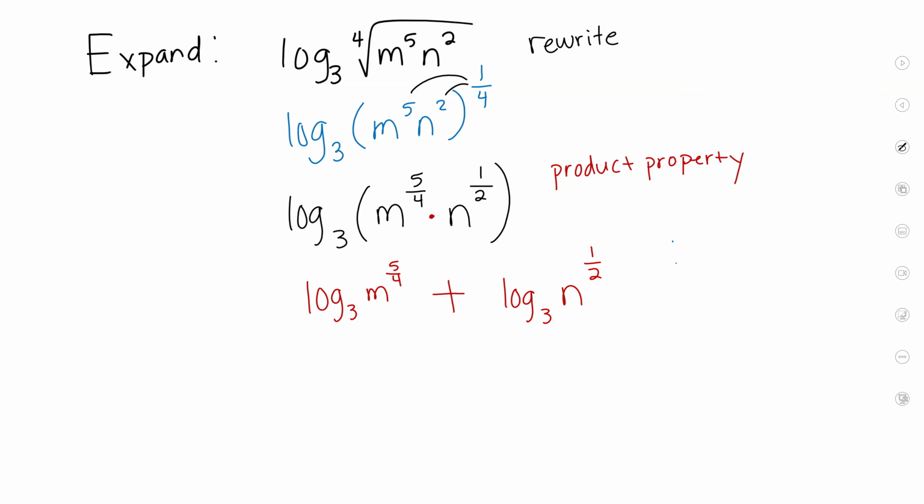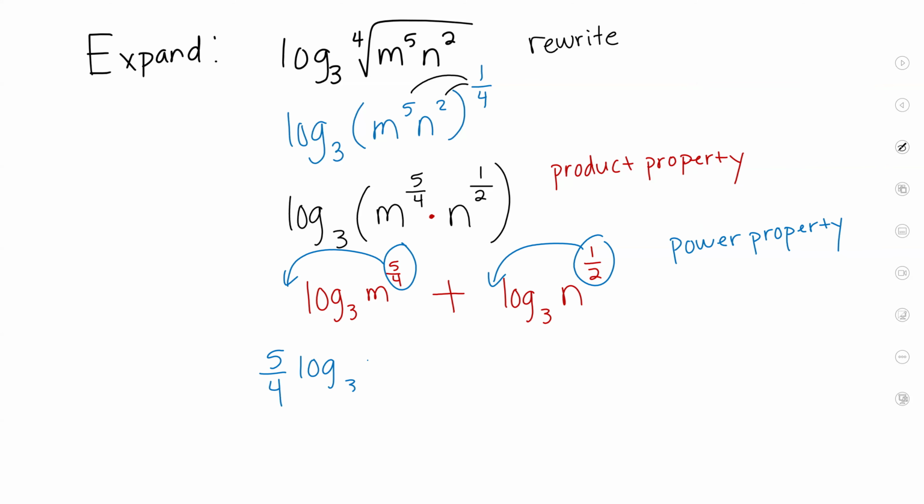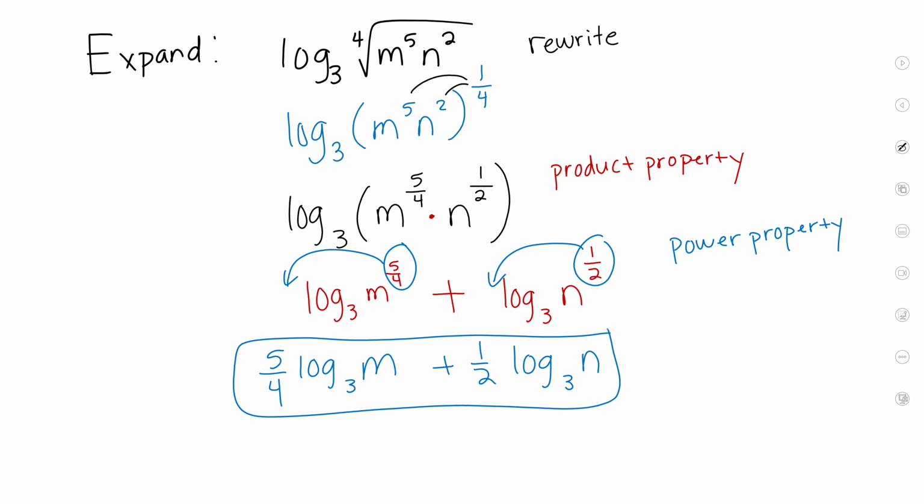Now I'm going to use the power property. The power property says if you have an exponent, bring it to the front. So my final answer is 5/4 log base 3 m plus 1/2 log base 3 n. That's the end.